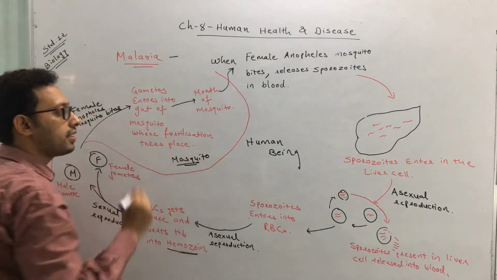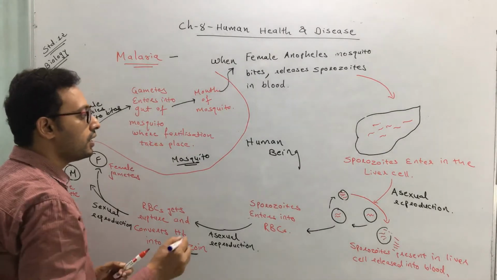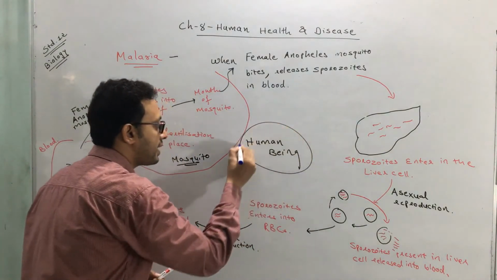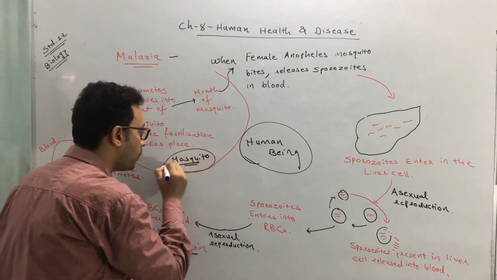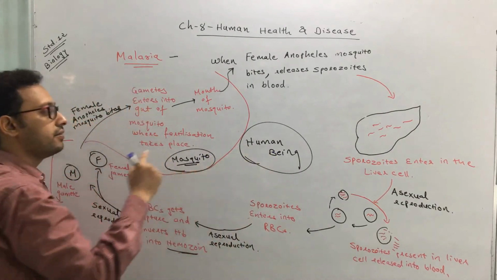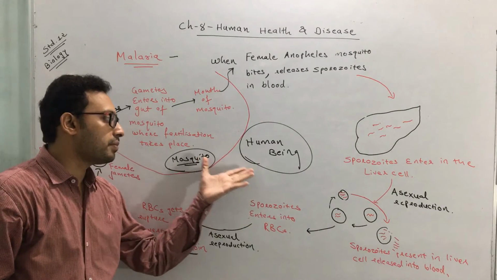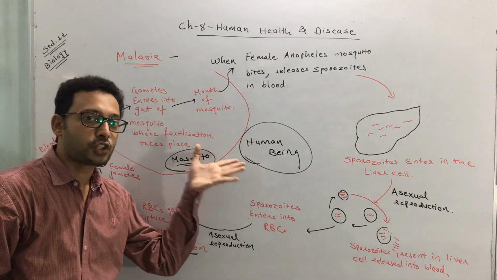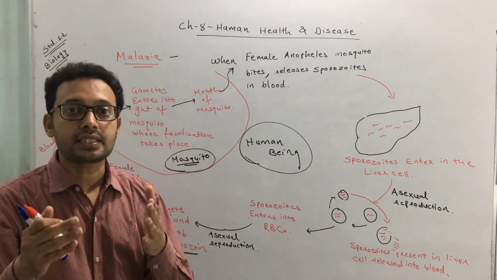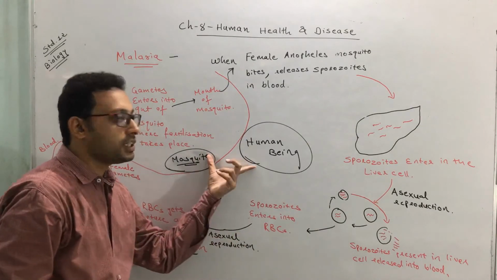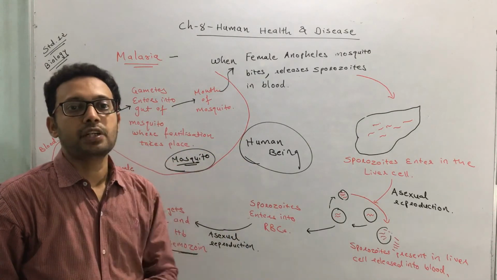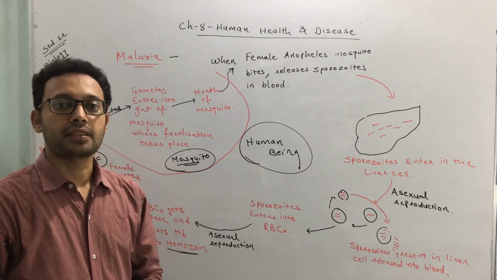Here there is the role of a female Anopheles mosquito. It means the life cycle of the parasite needs two hosts. One is a human being and the second one is a mosquito. The malarial parasite needs two hosts to complete its life cycle. Without these two hosts, it cannot complete its life cycle.